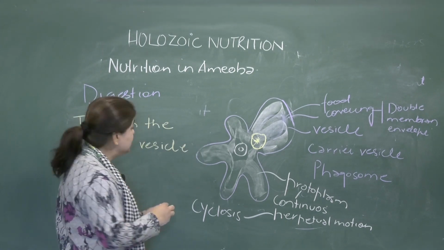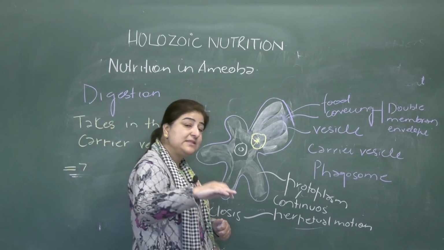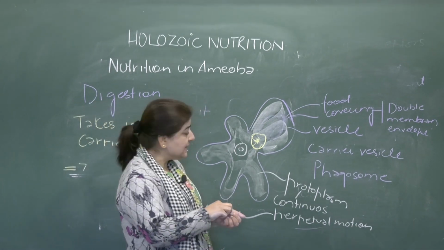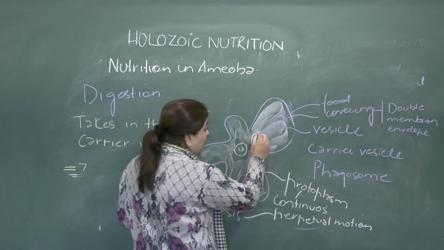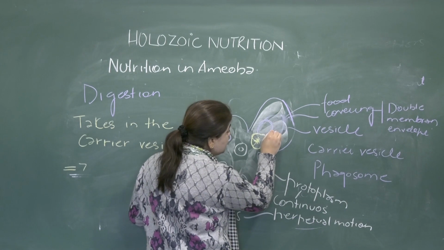Now what is the second step? The second step is there, as I told you, the organization is eukaryotic. Then inside, a lysosome gets attached to this phagosome.